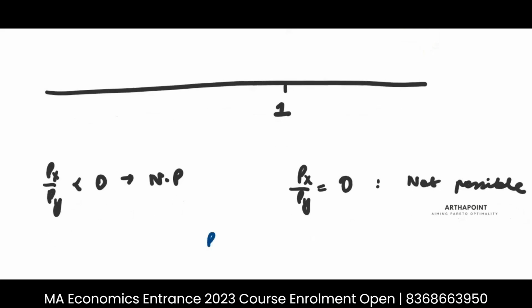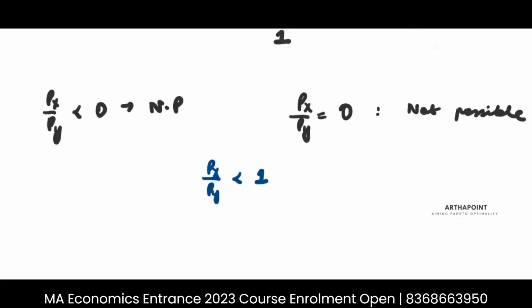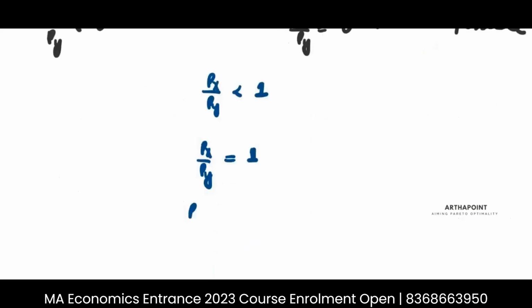One is when Px by Py is less than 1, one is when Px by Py is equal to 1, and one is when Px by Py is greater than 1.